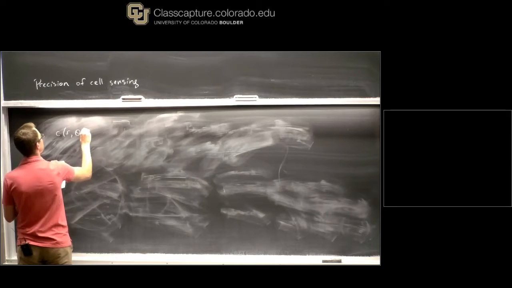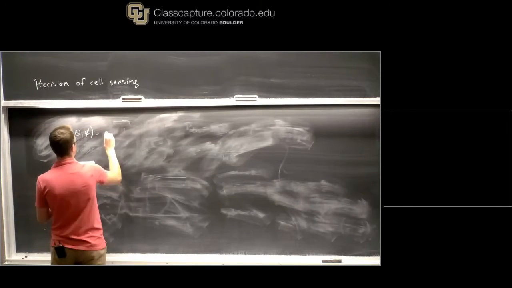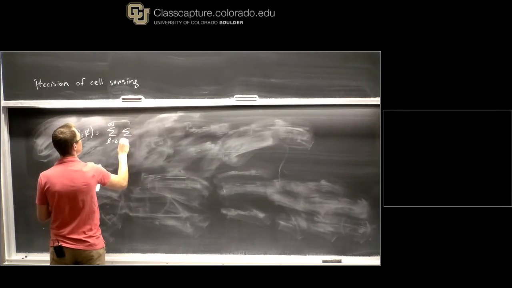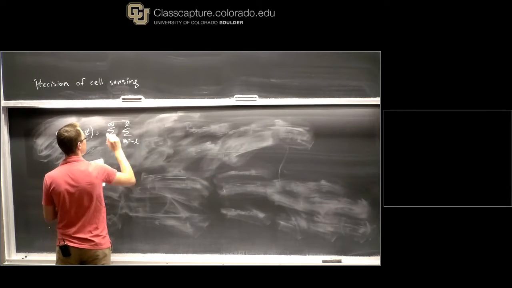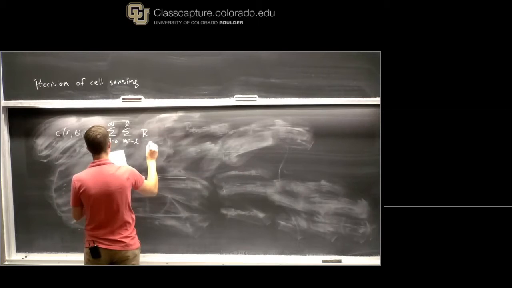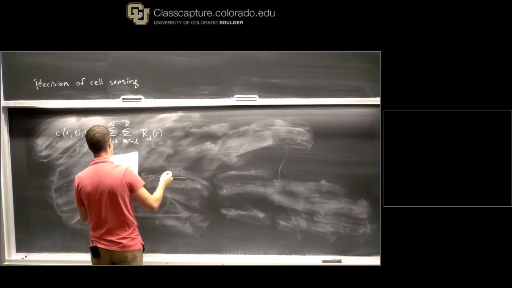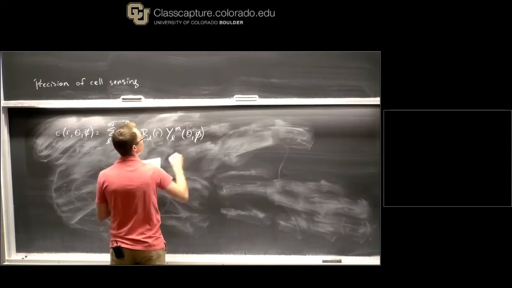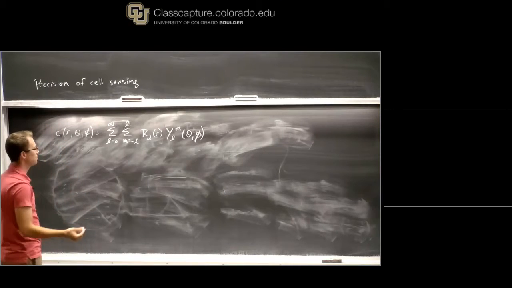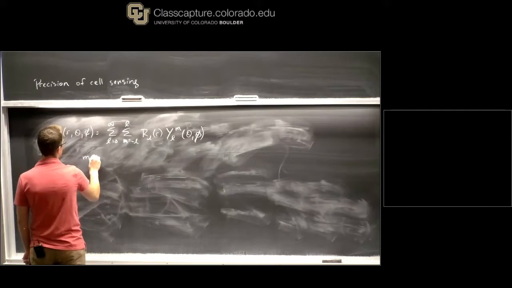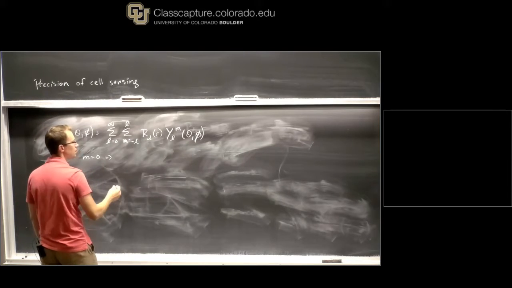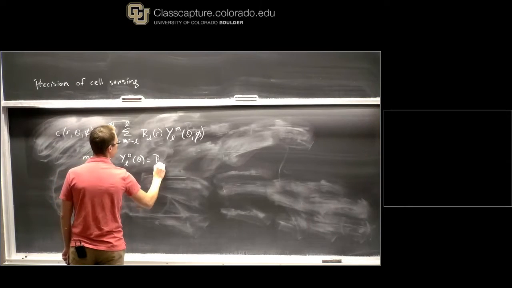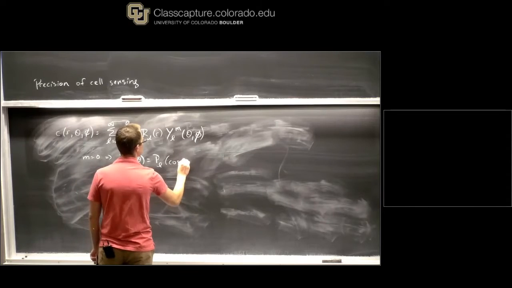So in general, we can write this as the sum over L and M of some capital R sub L in radius and YLMs in theta and phi. But of course, because we know there's no phi dependence by symmetry, we just have m equals 0, which collapses this sum, for which YL zeros are just the Legendre polynomials as a function of cosine of theta.